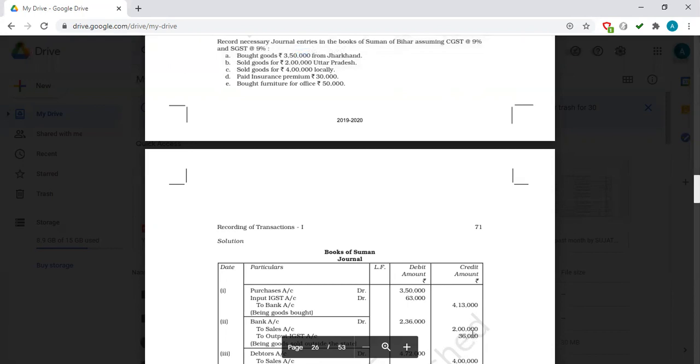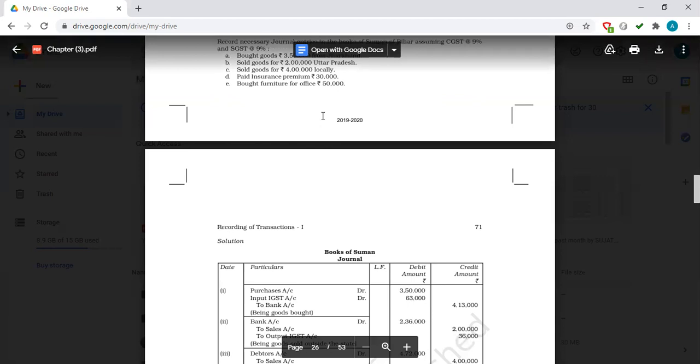So 2 lakh plus 36,000, so the bank amount is 2,36,000. So the journal entry is: bank account debit 2,36,000 to sales account 2 lakhs, to output IGST 36,000.